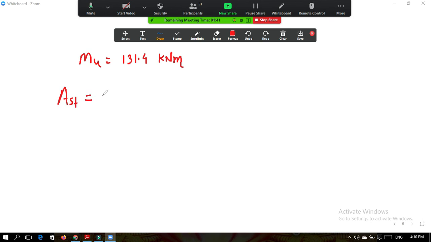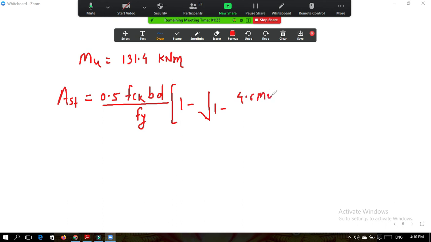What is the formula? AST is equal to 0.5 FCK BD divided by Fy, into 1 minus under root 1 minus 4.6 Mu divided by FCK BD square. You put the values, so you will get the value of area of steel.